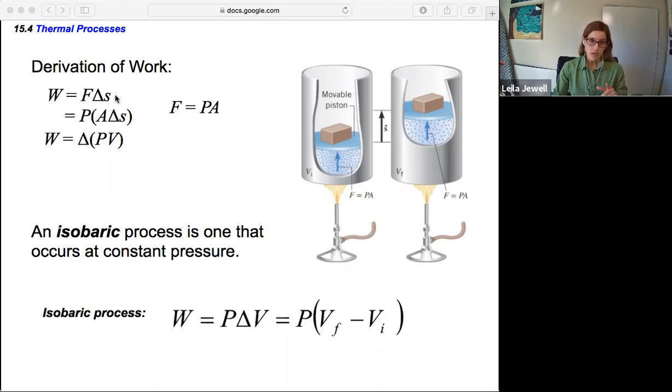We can also then pull in our understanding of pressure, though, and note that pressure was force divided by area, or you could write that the force is the pressure times the area. So if you fill that in for the force, then we have pressure times the area times the displacement, delta S. But the area times the delta S, that's just going to be the volume, right? The cross-sectional area times how much it moves.